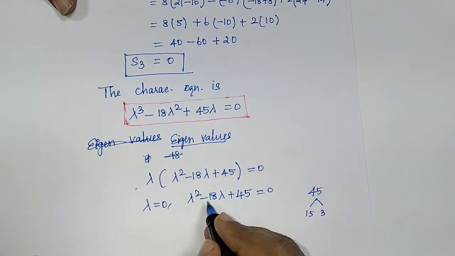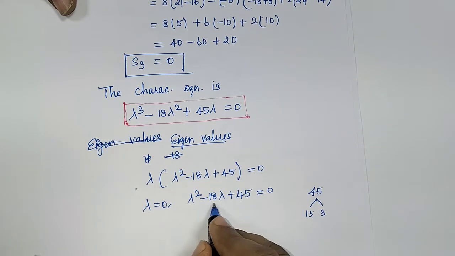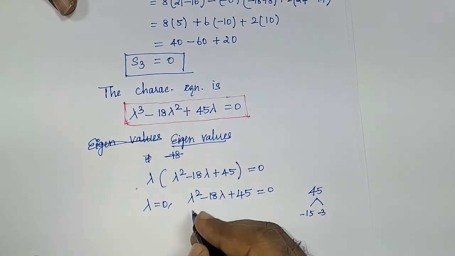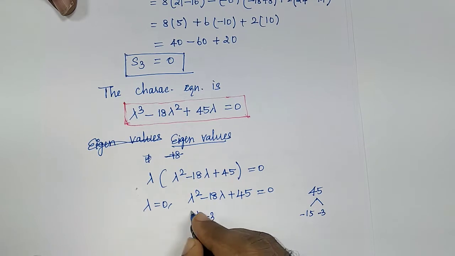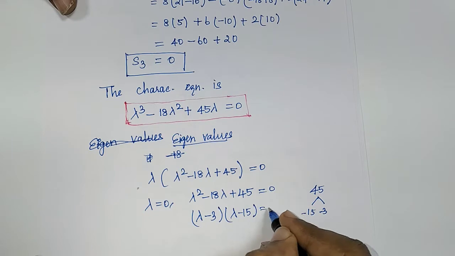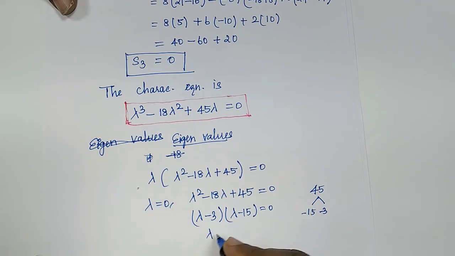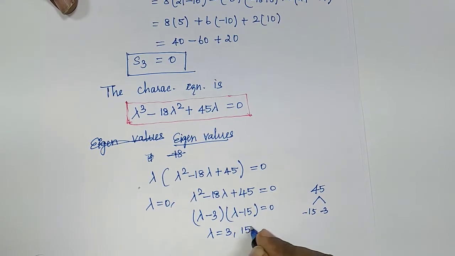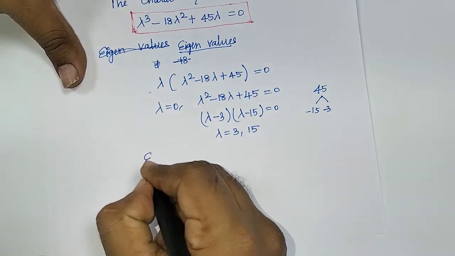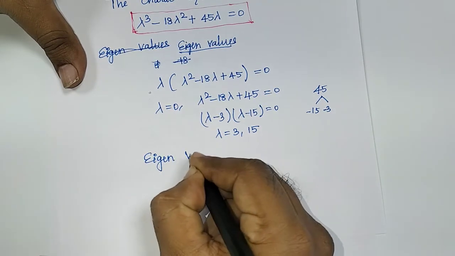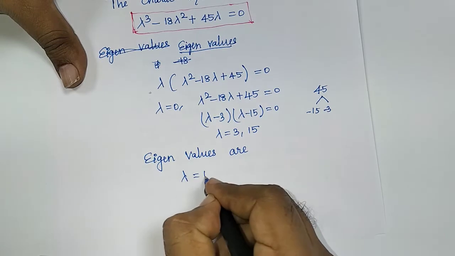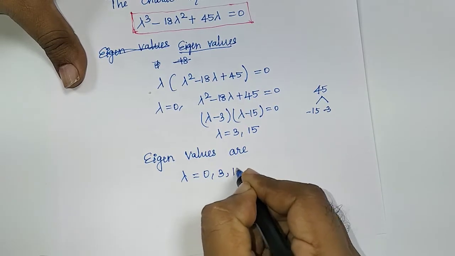But when we add these two, we should get minus 18, so I add minus signs. So lambda minus 3 and lambda minus 15 is equal to 0. Equating to 0, you get lambda equal to 3 and lambda equal to 15. Therefore, your eigenvalues are lambda equal to 0, 3 and 15.